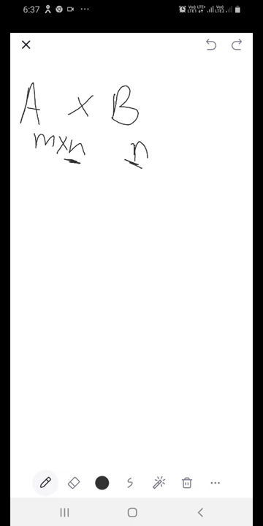Now I'm taking the order of B as n by p. What will you find in the product AB, what will be the order? It will be the order m by p.